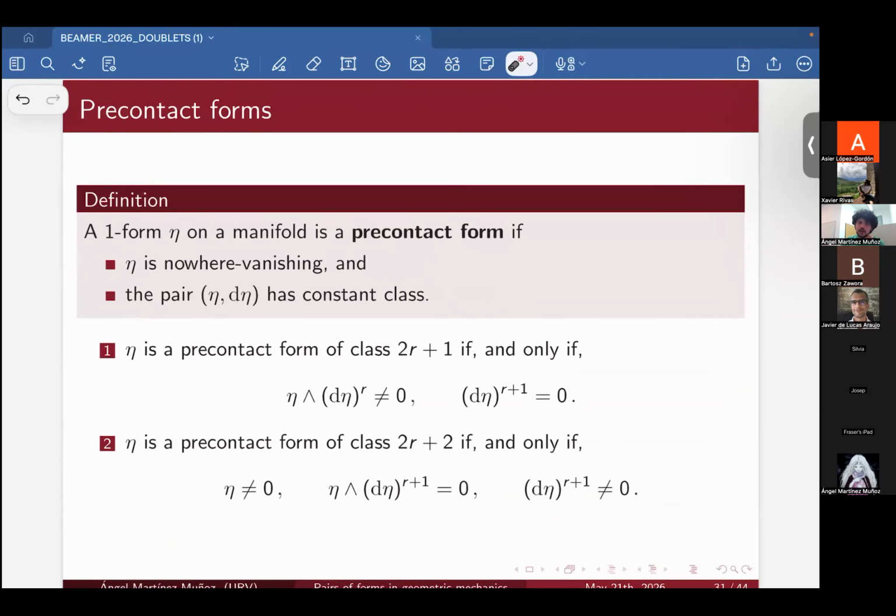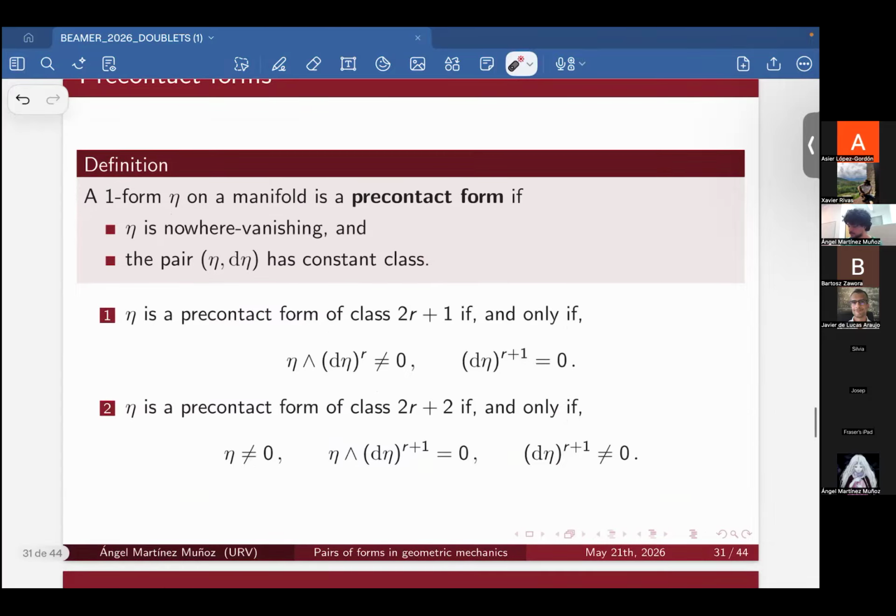What was useful for us about this framework was being able to construct this definition for pre-contact forms, which is, okay, let's generalize contact manifolds just by taking a nowhere vanishing one form and asking for this pair to have constant class. This does not necessarily hold always, but you have this definition, and then you can classify them by odd and even class.